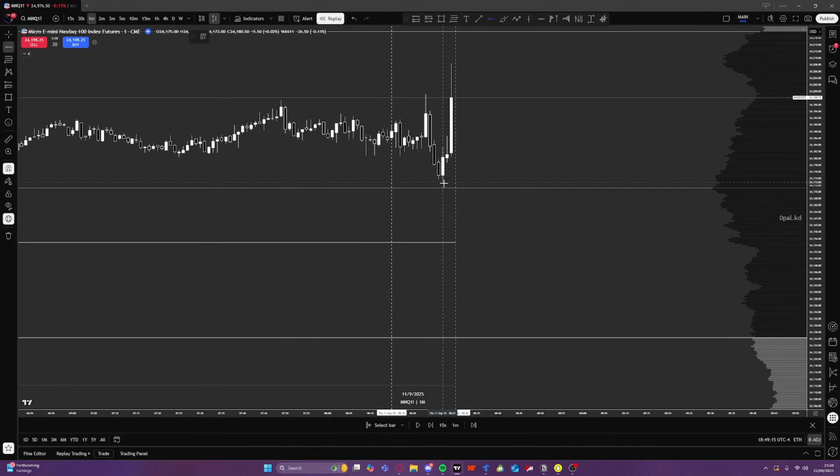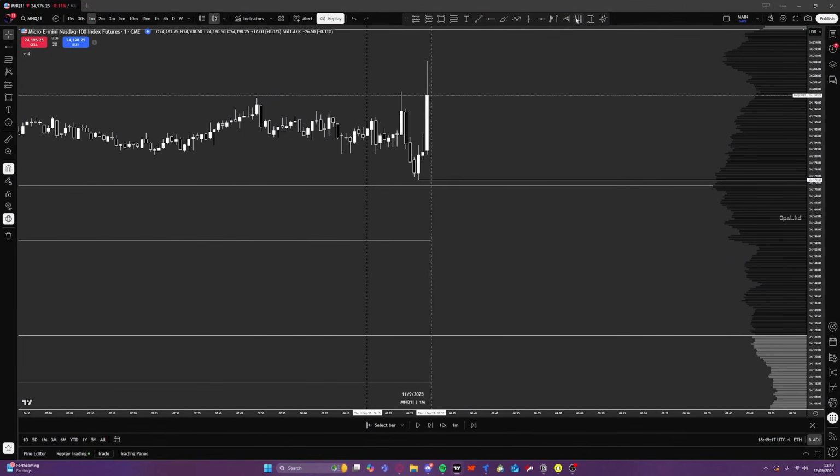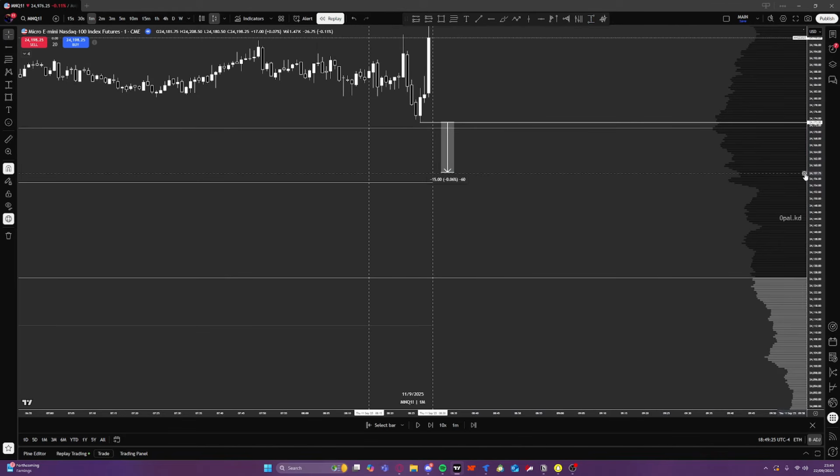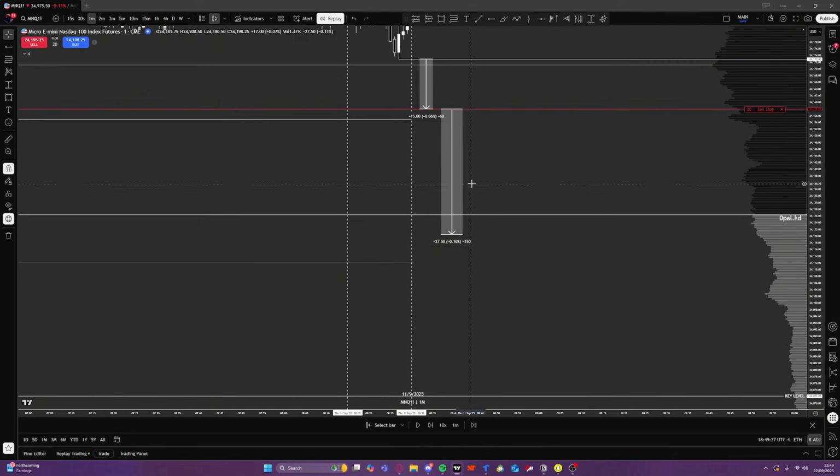So we're going to take this low and we are going to mark out 15 points. We are going to have our sell stop and we are going to target 37.5 points or 150 ticks, buy limit.